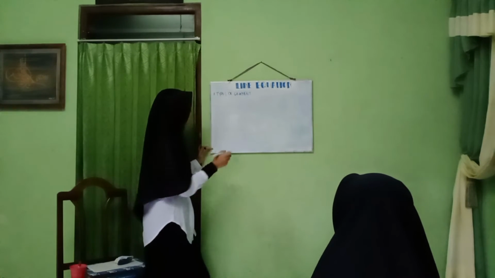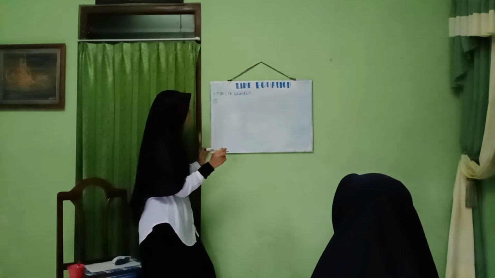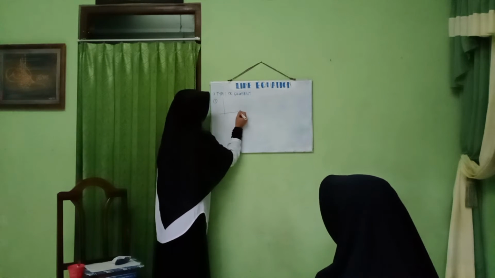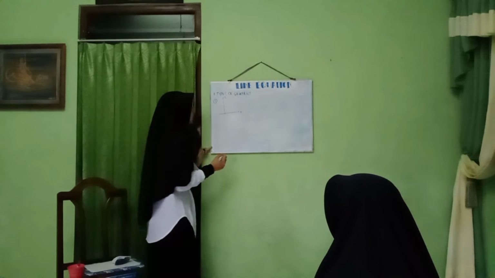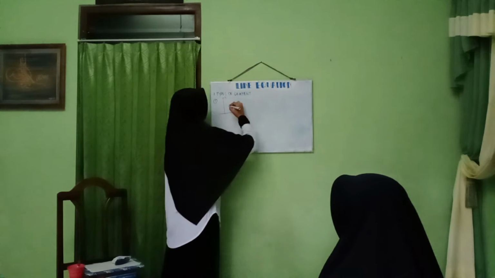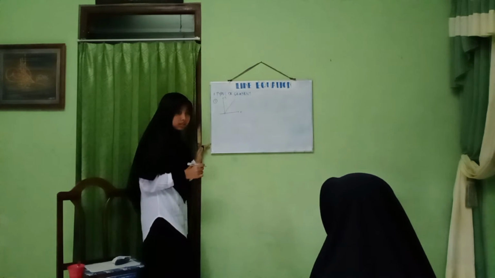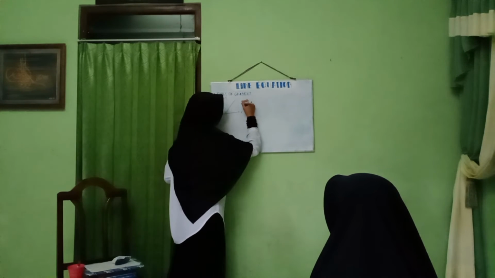The first type is the positive gradient. If this is x, and this is y, and the line is like this, the gradient is positive.